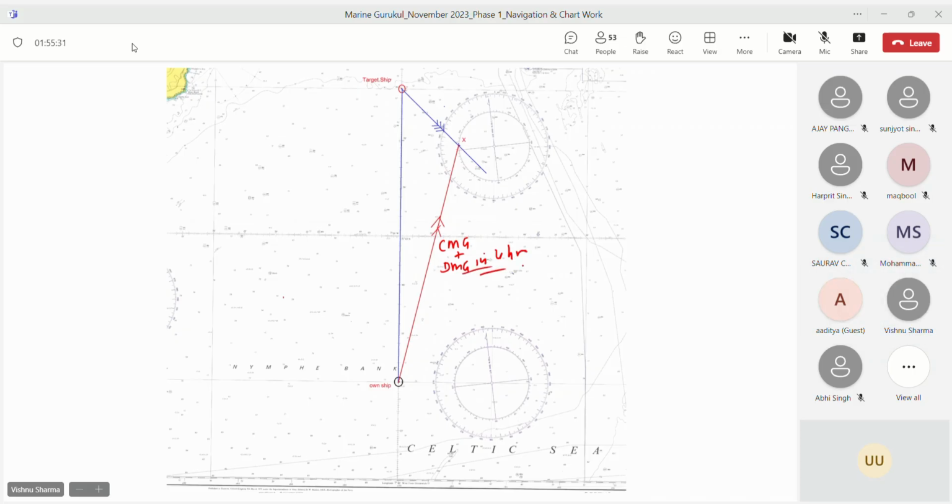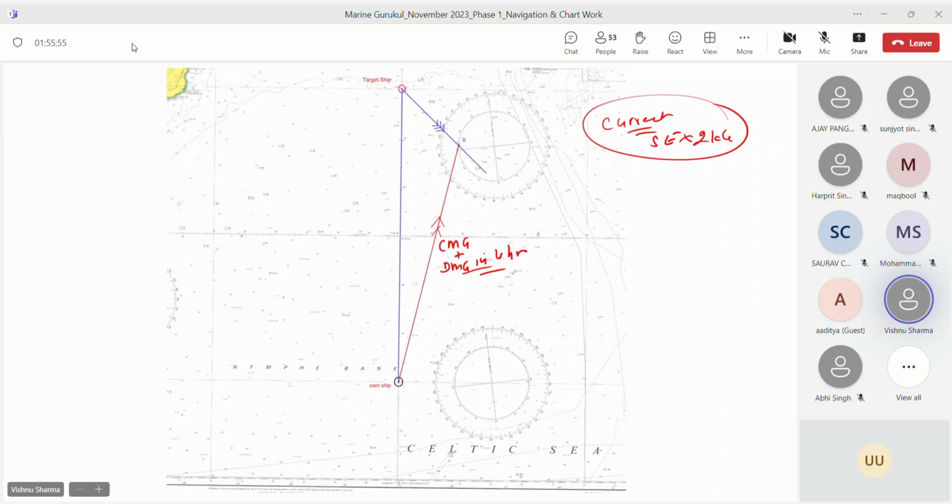You know the current experienced by the own ship, southeasterly at 2 knots. If I know the CMG and DMG, and I have to get the CTS, do I allow current or counteract current? Counteract. So if this DMG is for 4 hours, I think it makes all the more sense that I make a triangle for 4 hours.